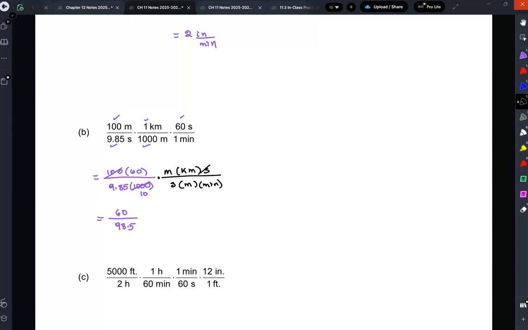The seconds and the what is the M stand for? Meter. Meters. So I have kilometer per minute. Let's put this in the calculator. Go. Take out your calculators.